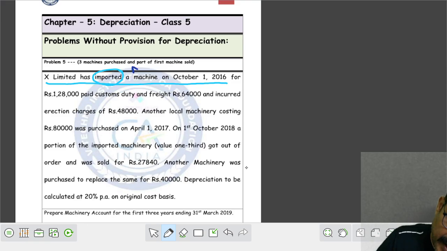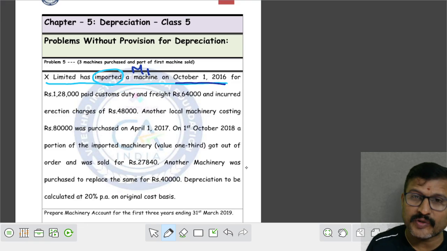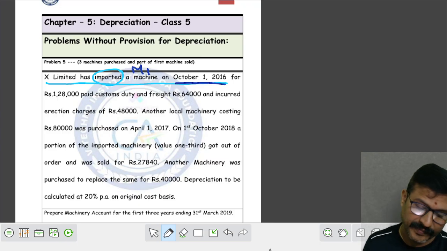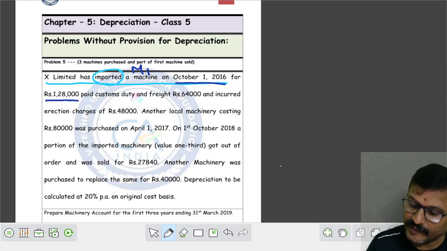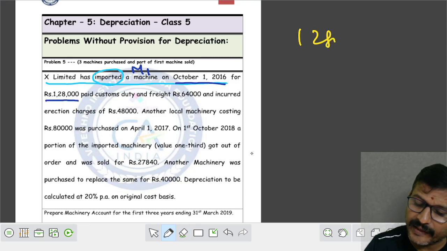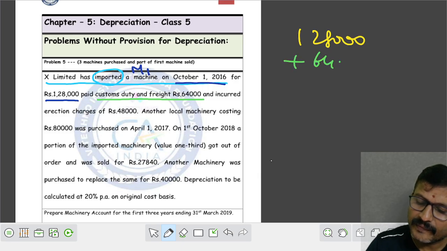They purchased machine M1 in October 2016 for rupees 1,28,000. For how much did they buy? 1,28,000. And customs duty and freight 64,000. That is to be added.